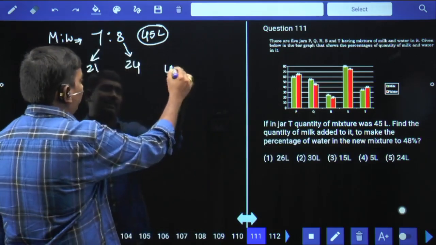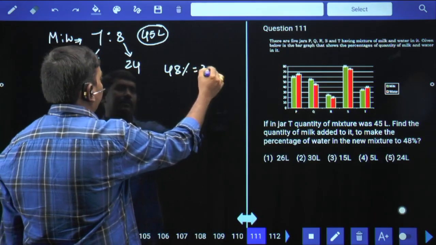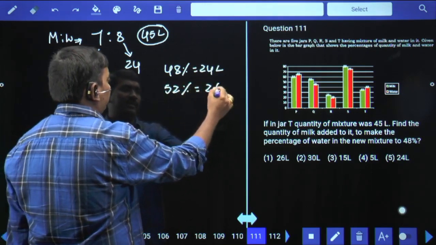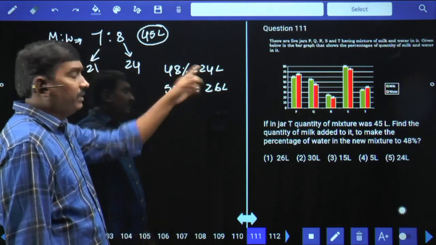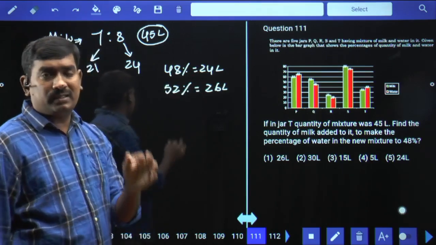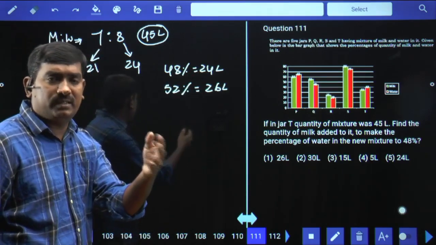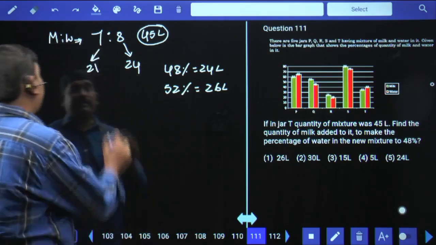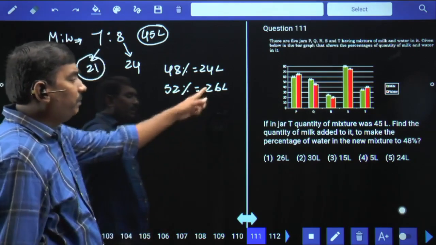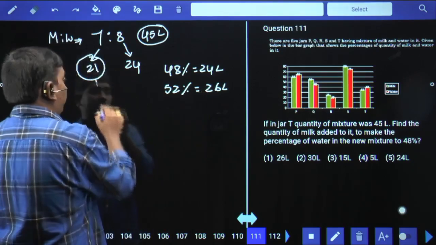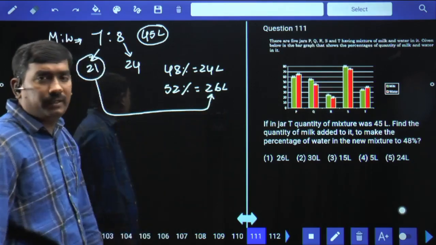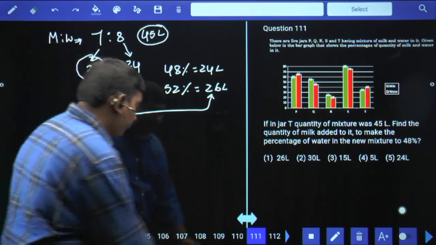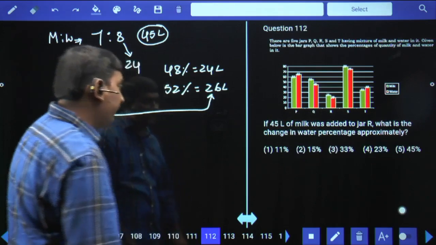If 48% is 24 liters, the remaining 52% belongs to milk, which is 26 liters. Initial milk is 21, final milk is 26. To make 21 into 26, we need to add 5 liters of milk.